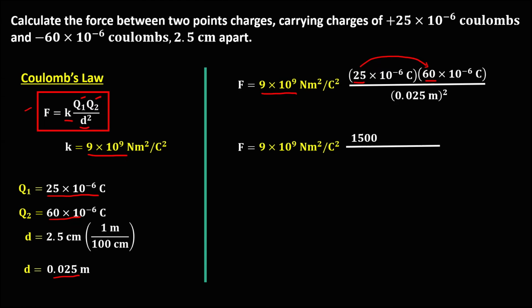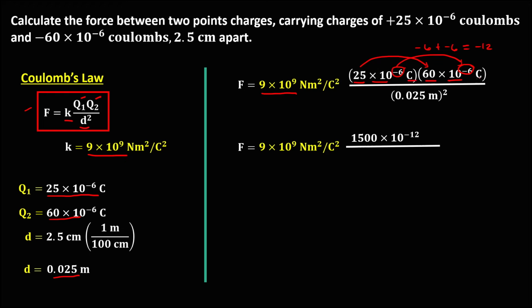So this is 1,500 times 10. Then for the exponent, since we multiply, these two exponents you add, so that's negative 6 plus negative 6. So the exponent becomes negative 12. So this is times 10 to the power negative 12.